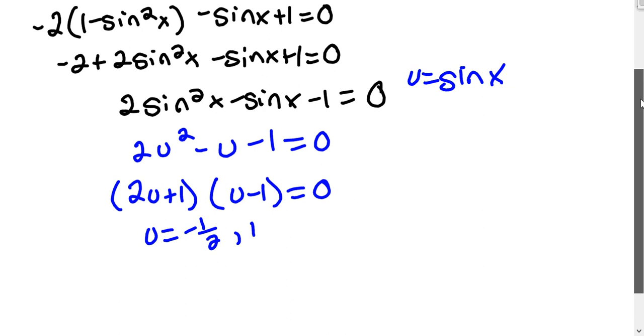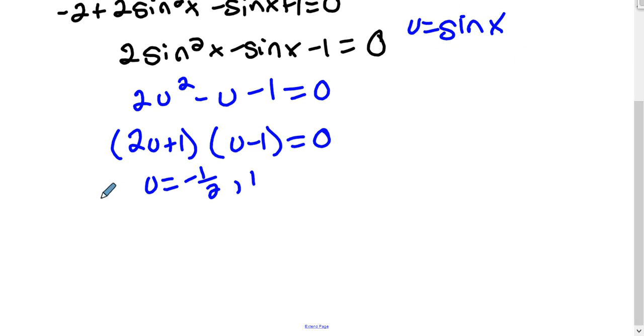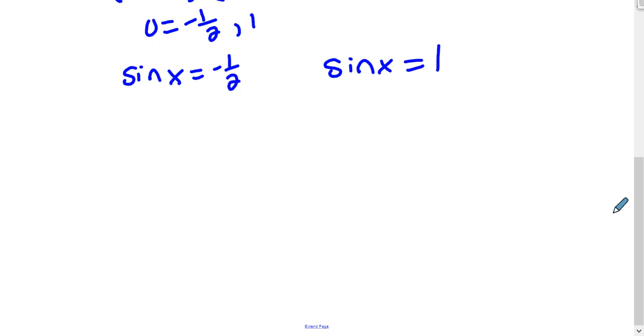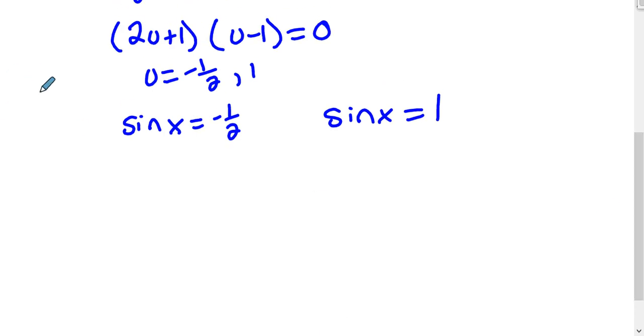Remembering we're not solving for u, we're solving for x. So the sine of x is -1/2, and the sine of x is 1. Use that unit circle that you have in your brain. Sine, height, -1/2, short. So that's there and there.